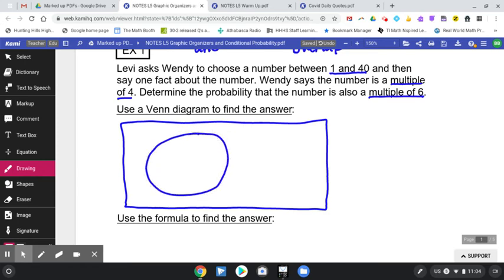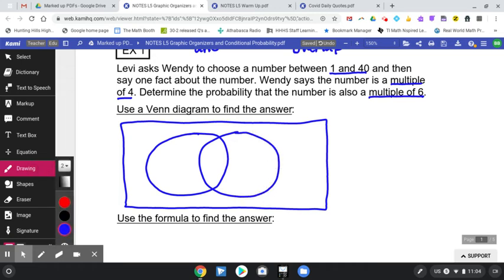Hopefully I'm going to have enough room here. I might have to switch to a smaller pen. All right, so I'm just going to start at 1. I'm going to include all the numbers from 1 to 40, and I'm just going to put them in the spots where they belong. So let's make this circle multiples of 4 and this one multiples of 6.